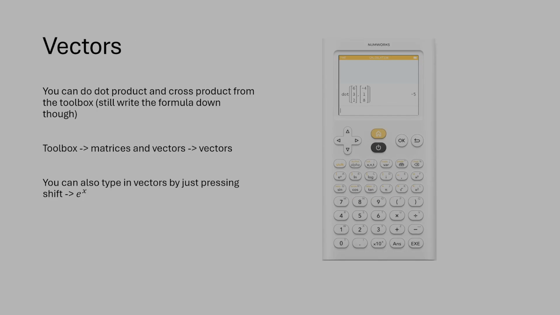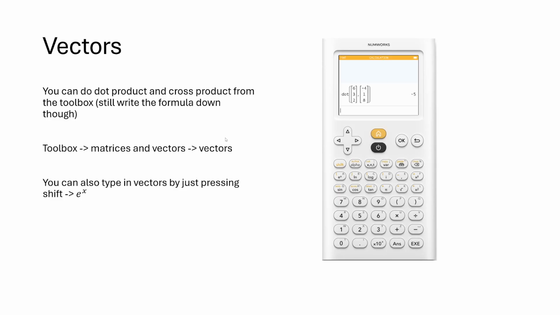And finally, vectors. With the current content that you know from vectors for A1 singles, there's nothing that you actually can do with vectors. But if you learn for A1 doubles specifically, and maybe some people that have learned ahead, you can do dot and cross product on the calculator.